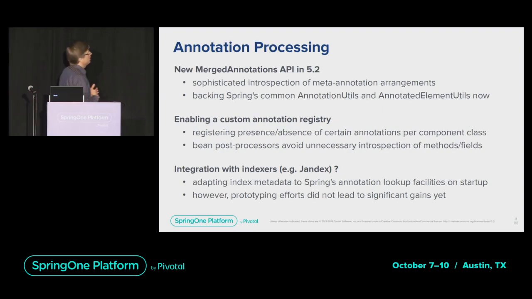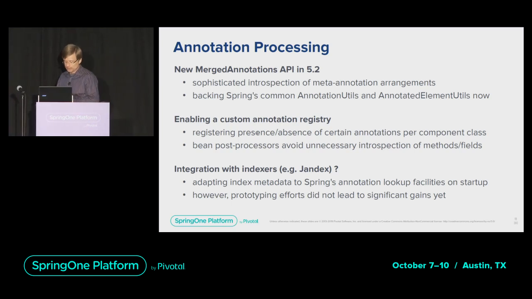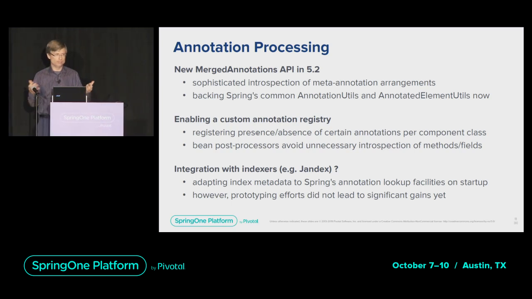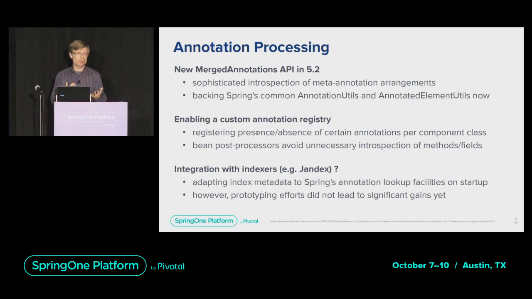A huge topic in 5.2 is the annotation processing effort that Spring has to go through. We've had that, of course, for a long time. Facilities for annotation introspection, for meta-annotation introspection, where Spring's composable annotations, where you build your own annotation and they are meta-annotated with standard ones.